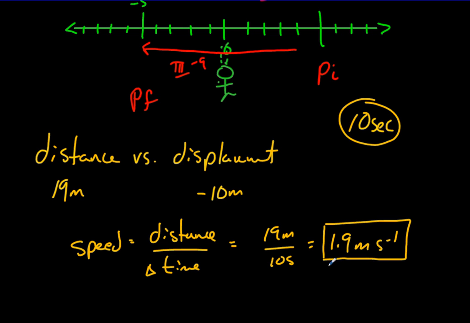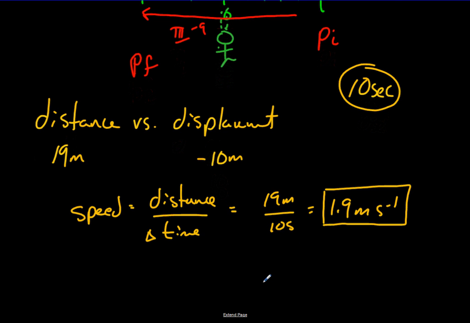Notice no positives or negatives. And then, similarly, we can find the velocity. Sometimes it drives people bananas because it's weird, but that's displacement, or delta D over delta T. And sometimes to indicate that this is actually a vector value, you may see a little arrow on top.